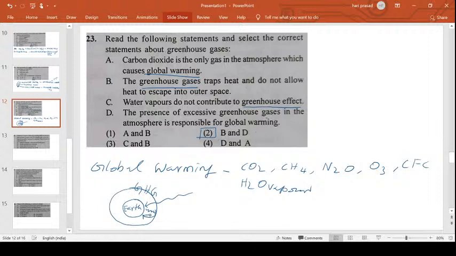The presence of excessive greenhouse gases in the atmosphere is responsible for global warming. Due to trapping, the earth surface is heated up and the temperature is raised. Therefore it is called global warming.